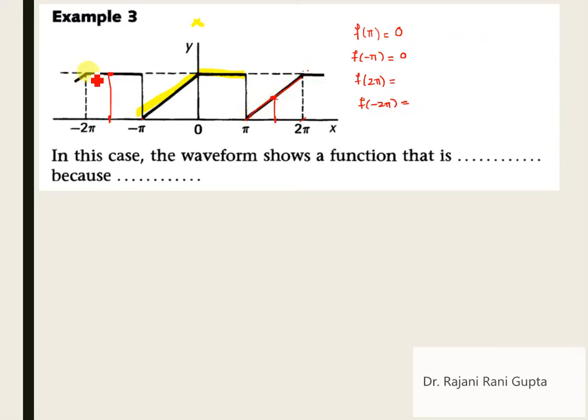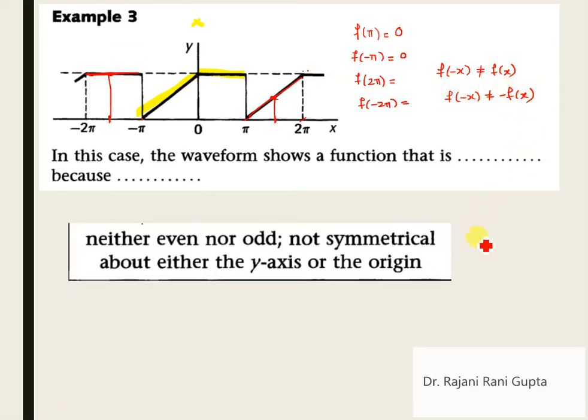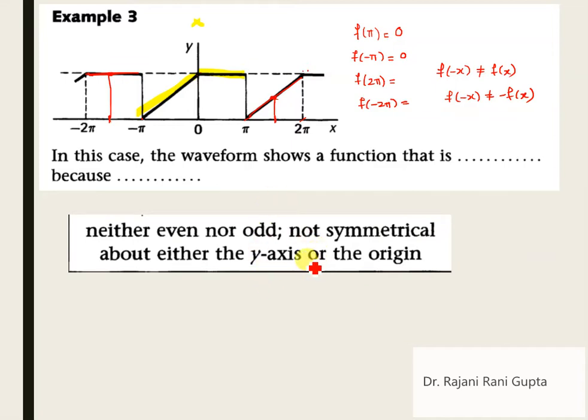Therefore this function is not satisfying the properties that f of minus x equals f of x, nor f of minus x equals minus f of x. So we say that this function is neither even nor odd, because it is not symmetrical about either the y-axis or the origin. Okay.